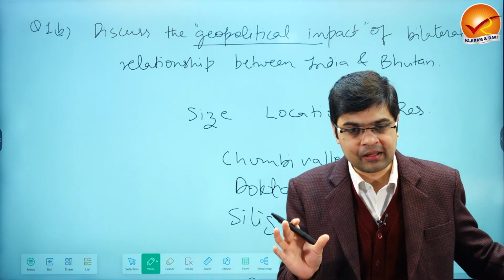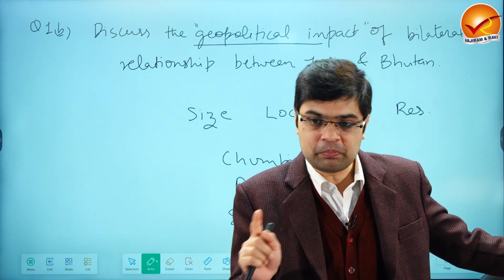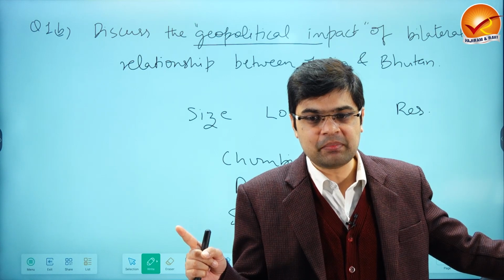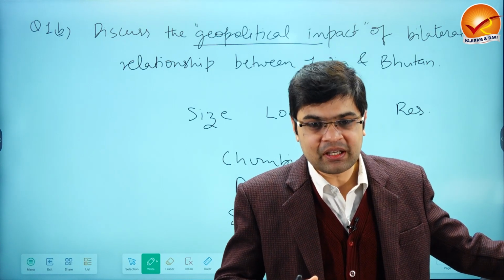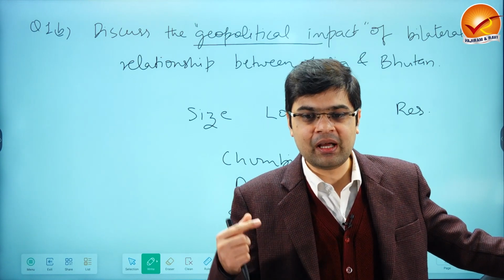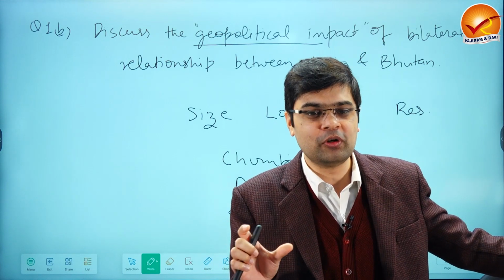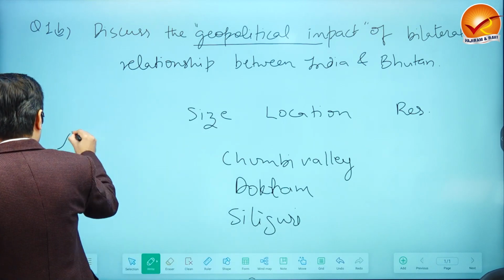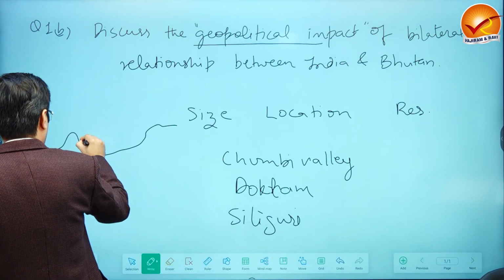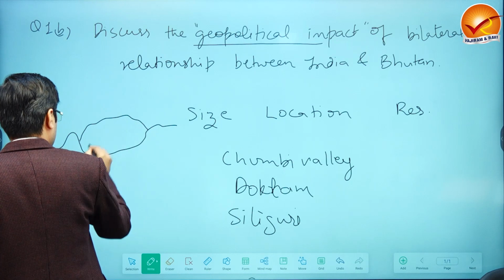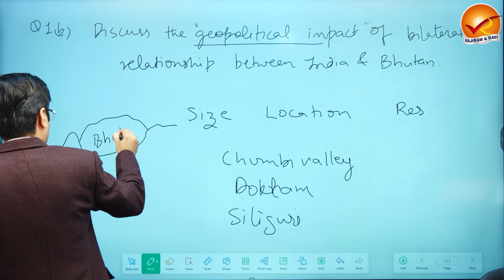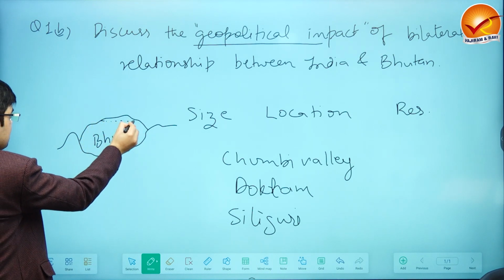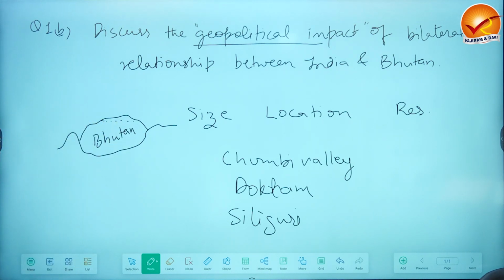Bhutan also has some boundary disputes with China. There's a boundary of Bhutan with China and there's a boundary dispute. If you must have read about India and Bhutan, China has offered a package proposal to Bhutan a number of times. That is, if this is Bhutan, okay, there is a dispute between this area of Bhutan and China.